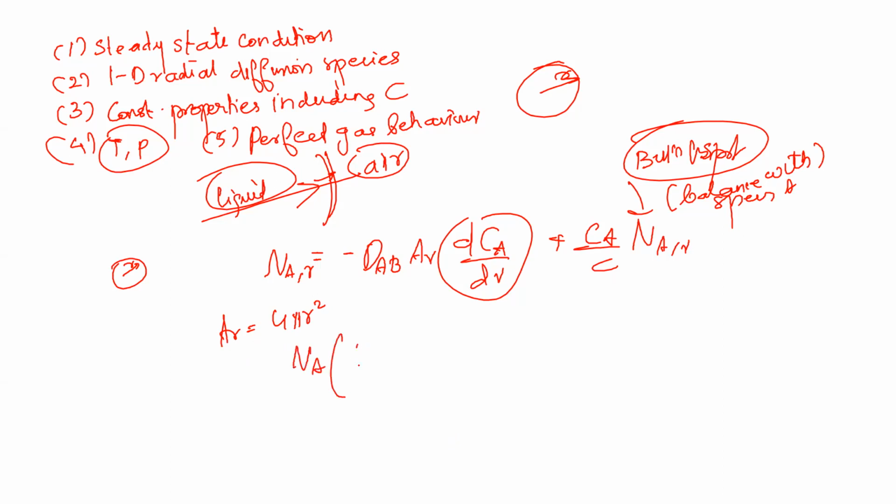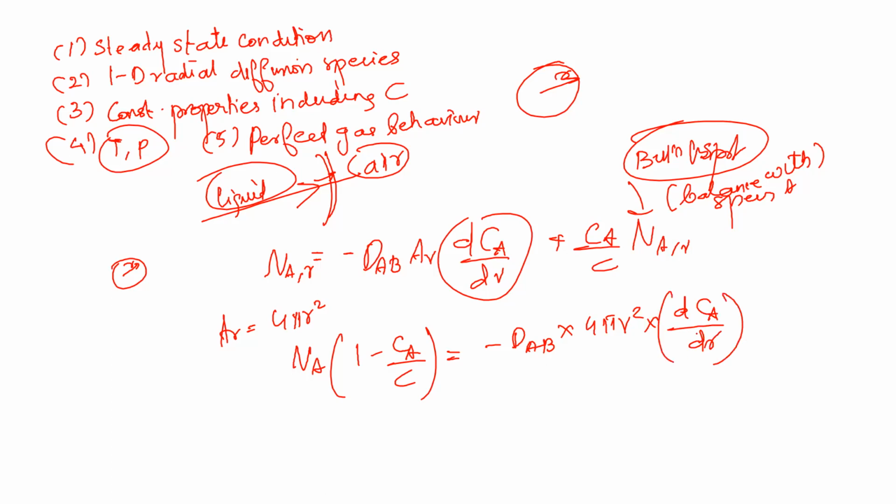So NA into 1 minus CA by C is equal to minus DAB into 4 pi r square into dCA by dr. Okay, so we are just rearranging the terms.